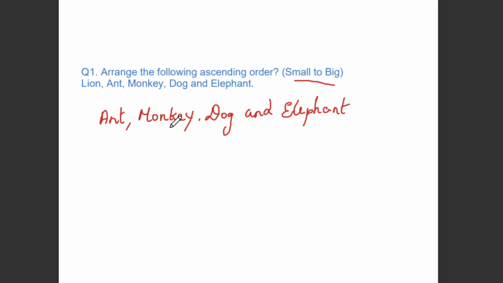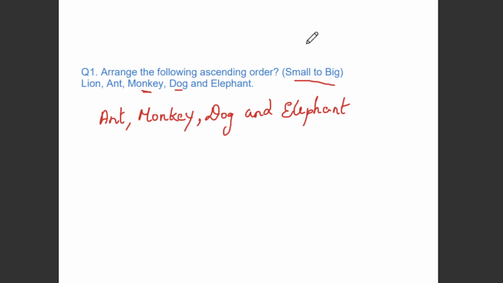And students, again monkey and dog, it depends upon the species. Sometimes monkeys are very huge in size and dogs are smaller. But when you compare to a few dogs, the dogs will be a very huge breed and monkeys will be a little small. So it always depends upon the breed that we are selecting.